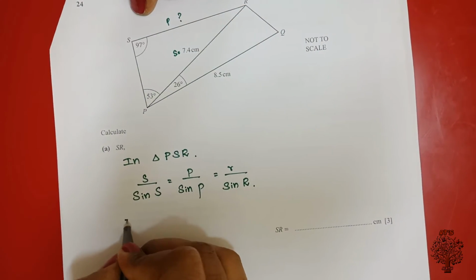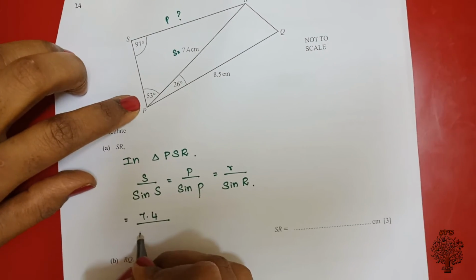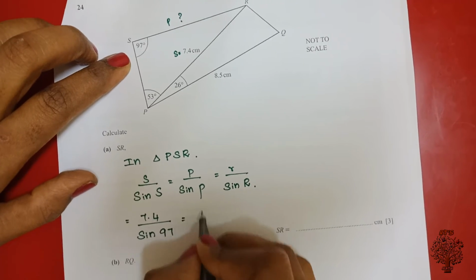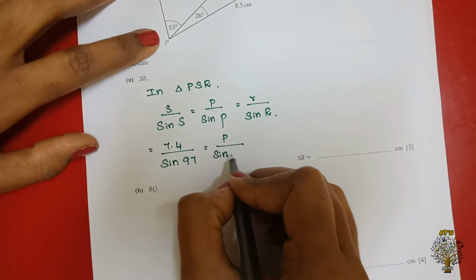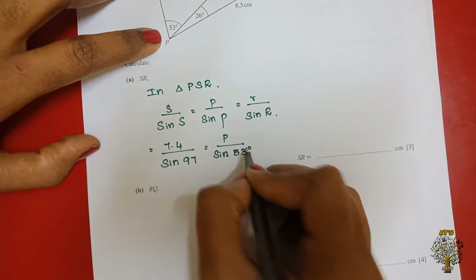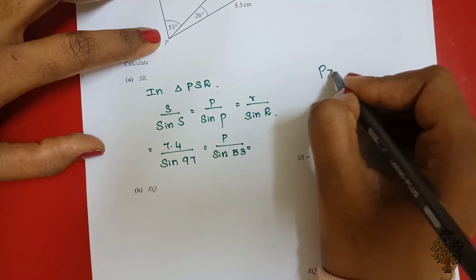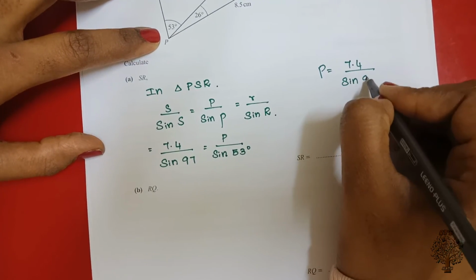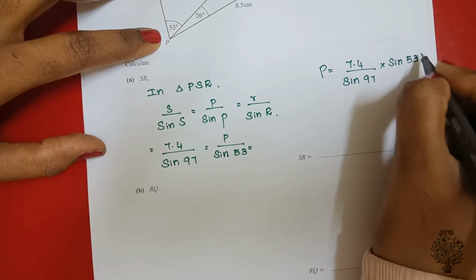We will be having s as 7.4 divided by sine of angle S, 97. For p, we don't know side p, divided by sine of angle P, 53 degrees. So I can continue with p. p is equal to 7.4 divided by sine 97 multiplied with sine 53 degrees.